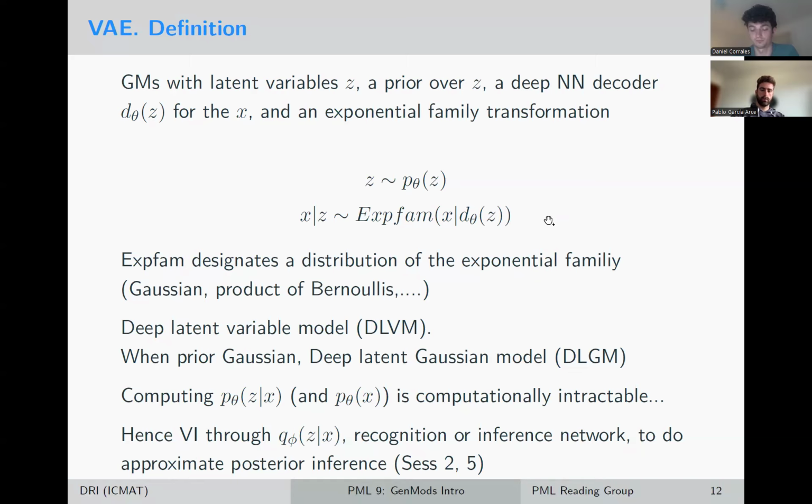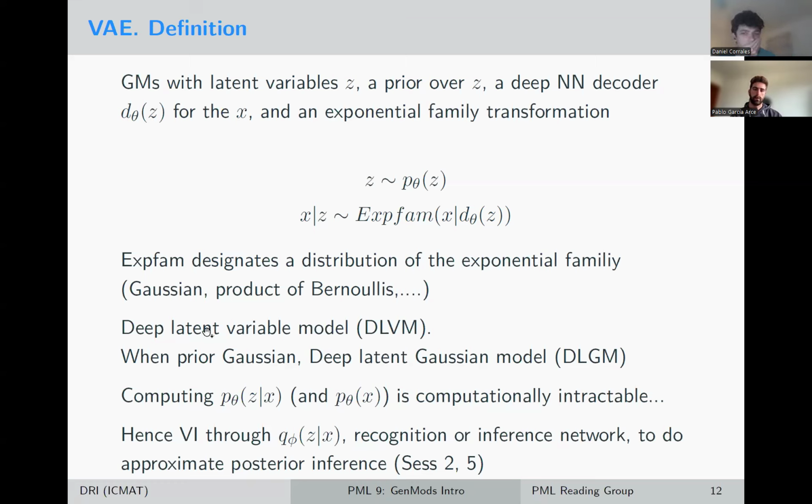So our latents are reflected with the prior, and then from Z to X, we generate from some exponential family whose parameters are associated with the latent and with a neural network in such a way. Typical choices of exponential families are Gaussians for continuous data and products of Bernoullis for discrete data.